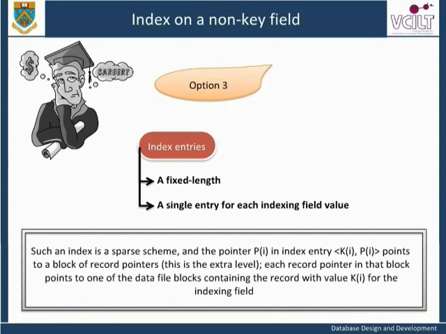This is the extra level. Each record pointer in that block points to one of the data file blocks containing the record with value K_i for the indexing field. If some value K_i occurs in too many records so that their record pointers cannot fit in a single block, a linked list of blocks is used. Figure 7.5 explains this option.